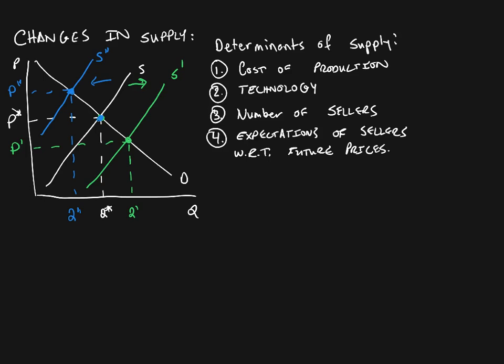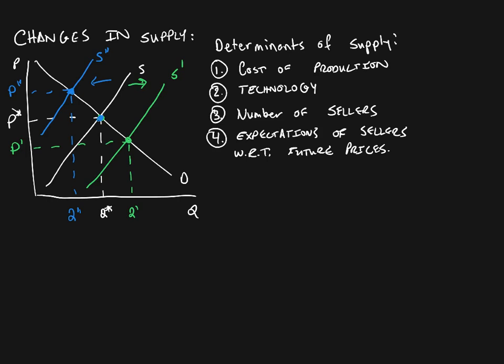So sellers' expectations about future prices are going to affect how much they want to sell today. If I'm producing a product or service that has a relatively long shelf life, I'm not only going to care about what I can get for it now, but what I can get for it in the future. And if I think I might be able to get more for it in the future, I'm going to want to sell less today and hold on to it and sell more in the future.